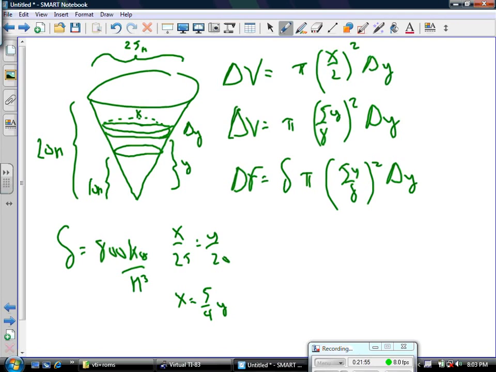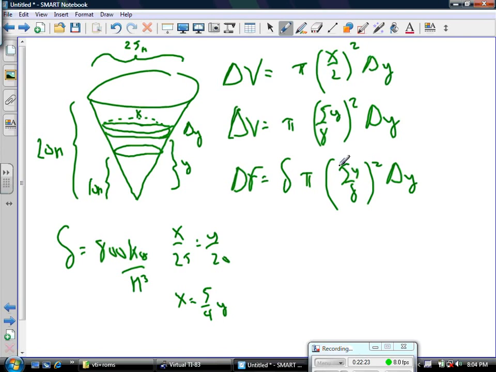I wanted newtons, right? The unit of force here is newtons because I'm talking about meters and kilograms. Is that newtons? No, that's kilograms, your mass. Remember what Newton said. Force is mass times acceleration. F equals m a. Here a is gravity, so m g.